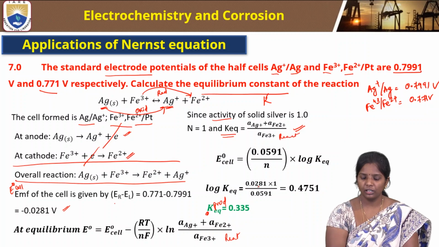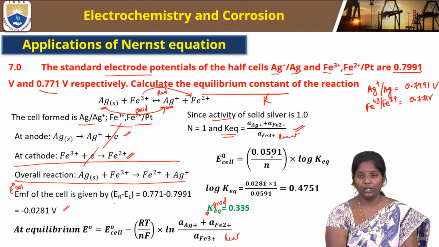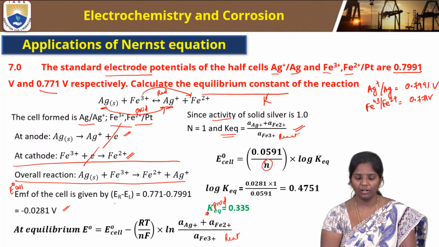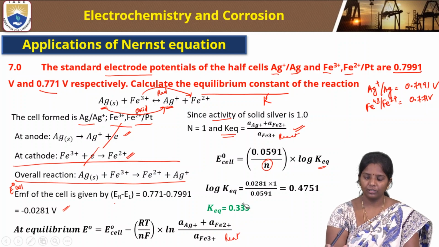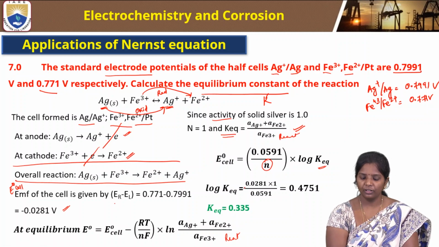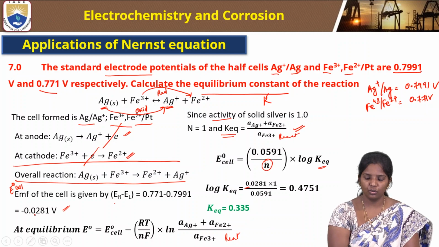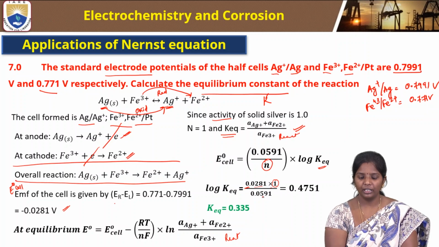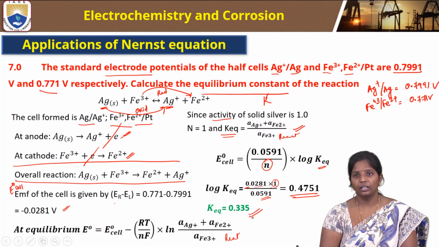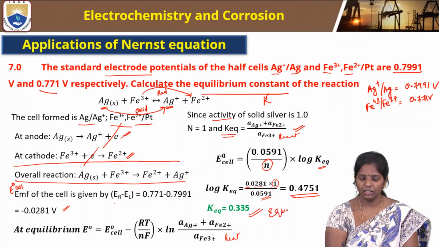So we substitute here: 0.0591 by n, where n is the number of electrons involved, into log K equilibrium. Substituting, 0.0281 into 1 electron involved, divided by 0.0591 in the denominator, we get a value of 0.4751. On taking the antilog we get 0.335. So the equilibrium constant is calculated in this way.